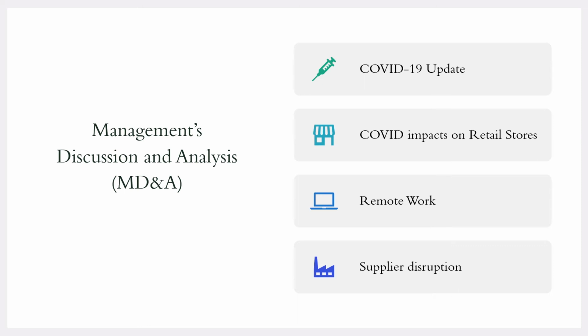So with Apple's MD&A section, they go over a COVID-19 update. They go over the COVID impacts on all their retail stores, how they had to close them. They go over remote work, so how at certain times during the pandemic they had to have all of their employees work remotely.